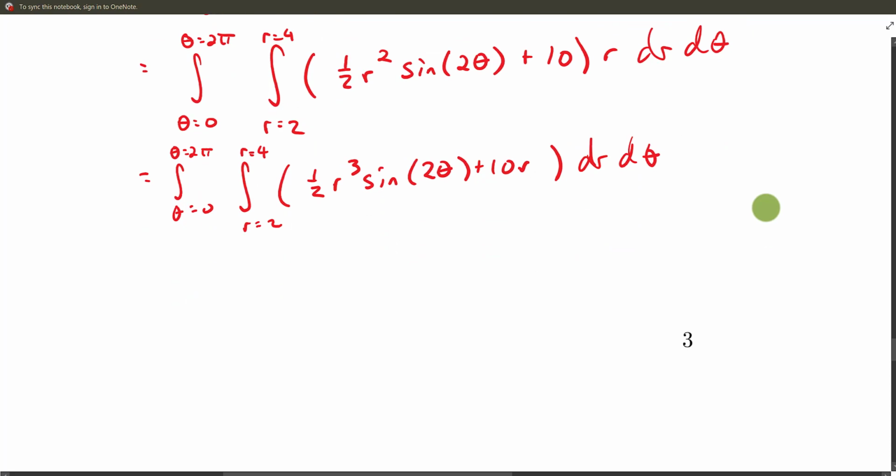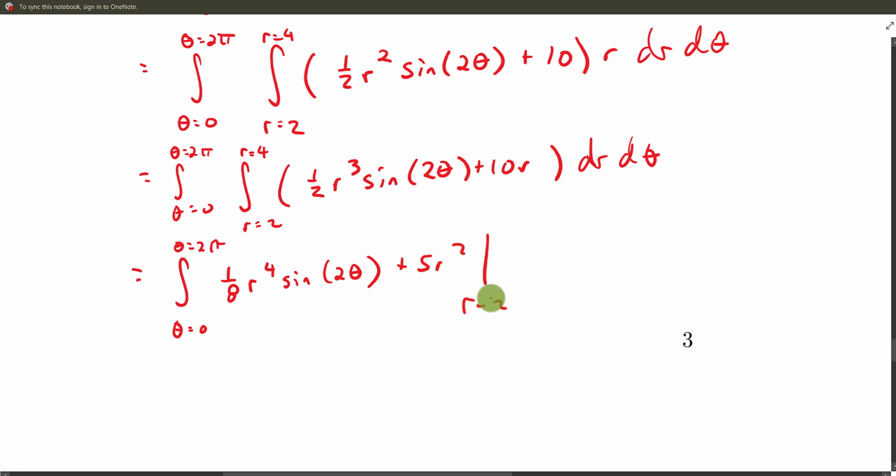So now integrating with respect to r will give us the integral from theta equals 0 to theta equals 2 pi of, this would give us 1/8 r to the 4th sine of 2 theta plus 5r squared, evaluated from r equals 2 to r equals 4, times d theta.